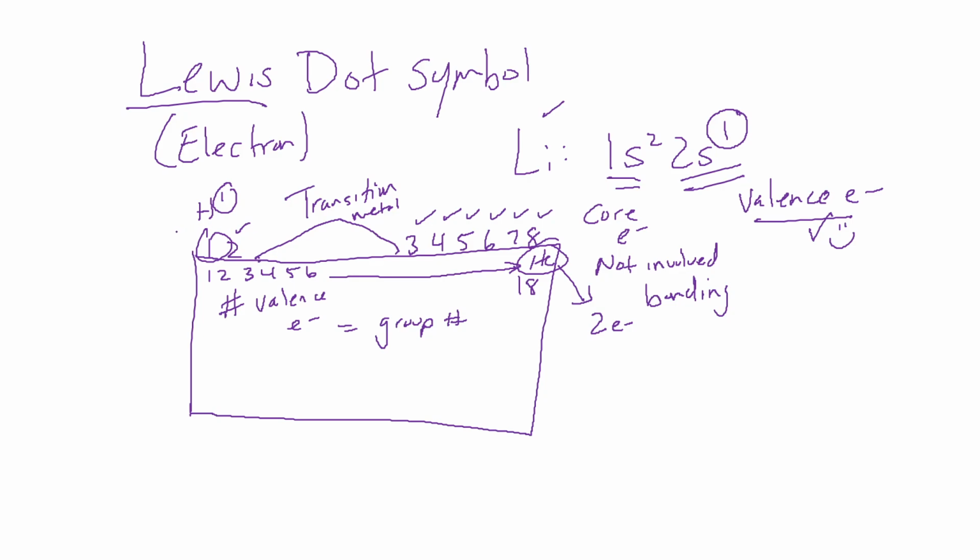But really for transition metals, the 3 through 12 numbering is probably what you would want to use if you're looking for valence electrons. That's because they have the s's and they also have the d's available to them. So they have a little bit more valence electrons than our representative elements, which are sometimes referred to as the A numbering, the one that skips the transition metals, 3, 4, 5, 6, 7, and 8.